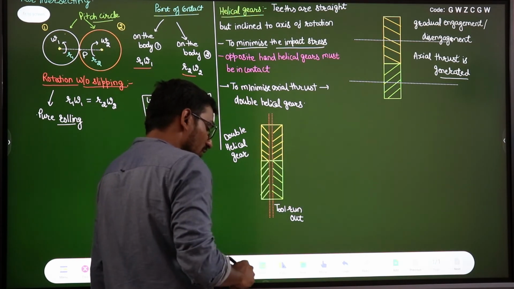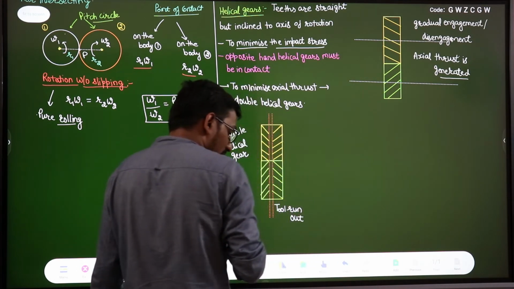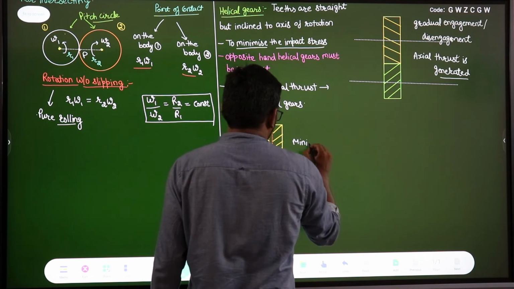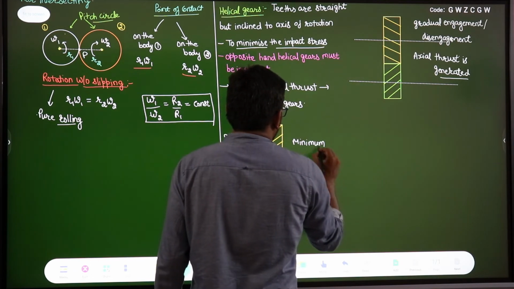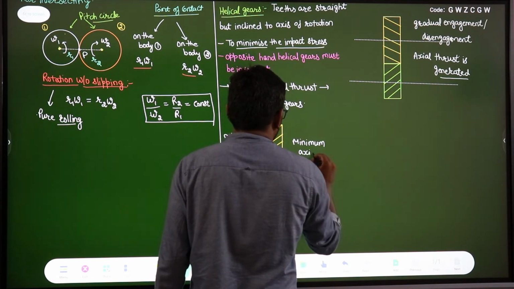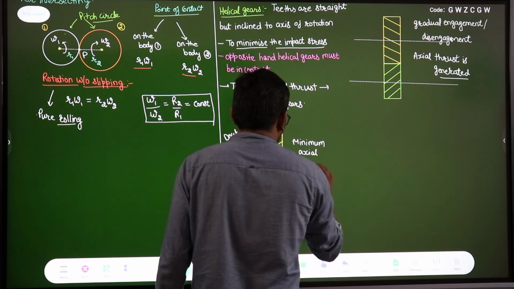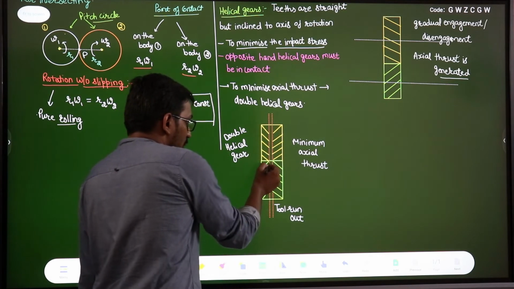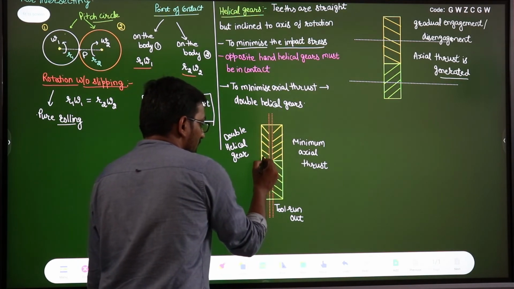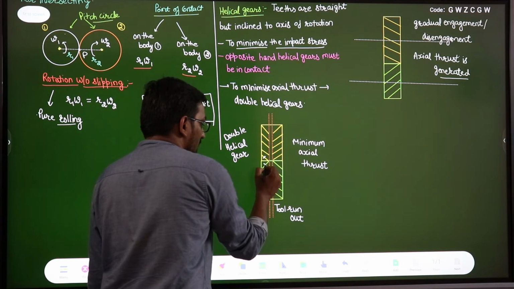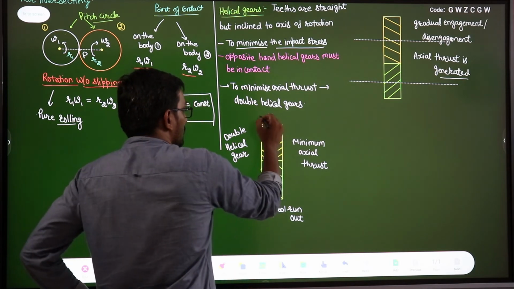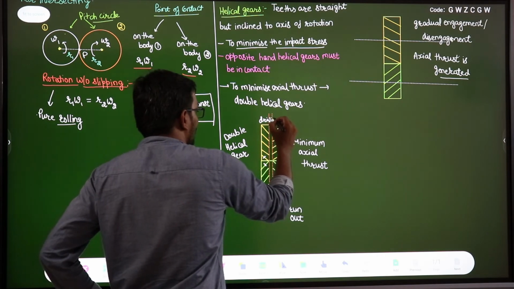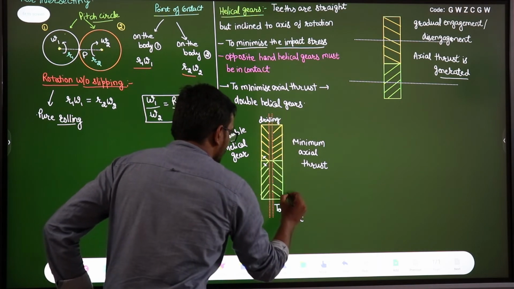In double helical gears we have very minimum axial thrust. Why? Because you can see from here, when these teeth are in contact with each other, suppose this is the driving link or driving gear, and this is the driven.